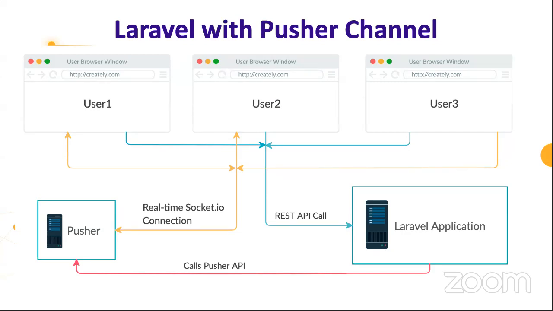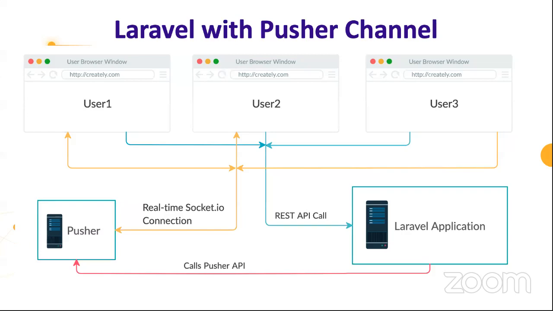So what happens? Either user 1, user 2, or user 3 calls the API of our Laravel application. Then the Laravel application calls the API of Pusher. And when you are using the Pusher library on the browser, it will make a real-time socket connection with the Pusher server.